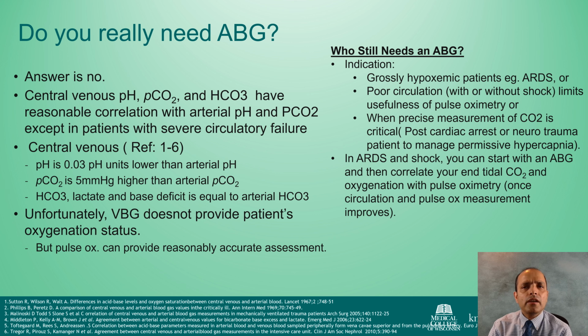And in the case of ARDS and shock, once you do intubation and put them on mechanical ventilation and treat them, their circulation tends to get better. So you start with the ABG, then you correlate with end-tidal CO2 and oxygenation by pulse ox when the circulation improves after you start treatment.